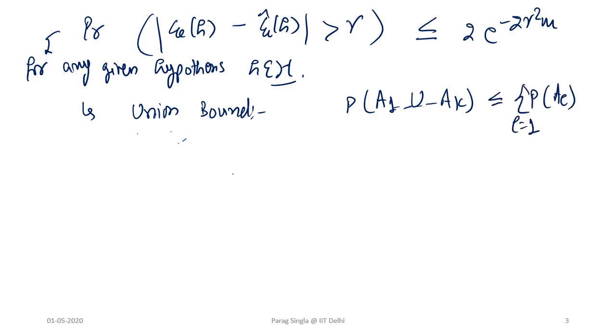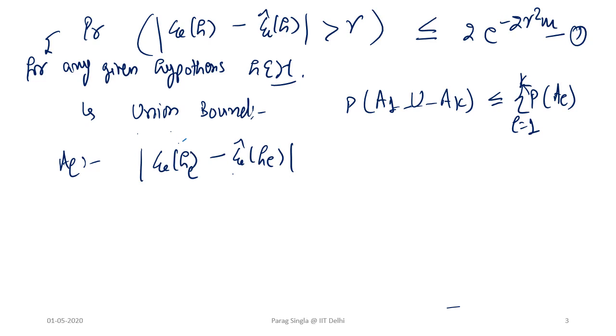This holds in general, and we use it for our case, taking the union over all the hypotheses in our hypothesis space, of the events Al, where event Al is simply the event that the difference between the generalization error of the l-th hypothesis and the training error of the l-th hypothesis is more than gamma.